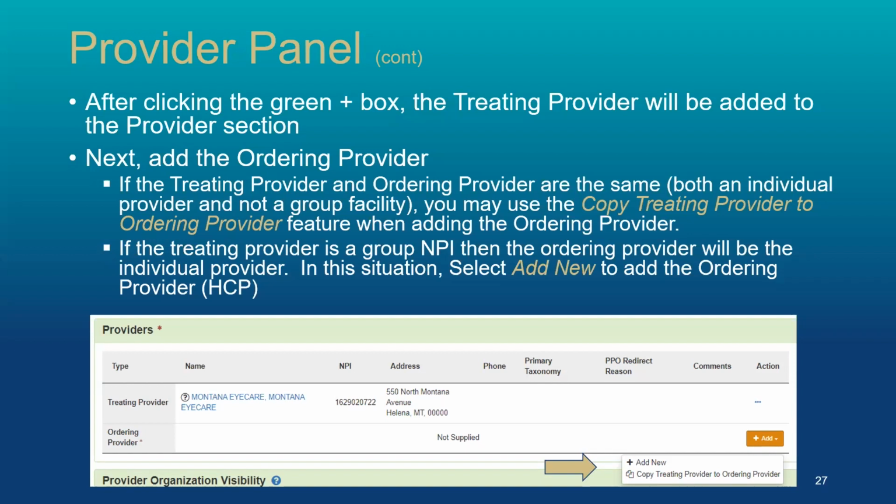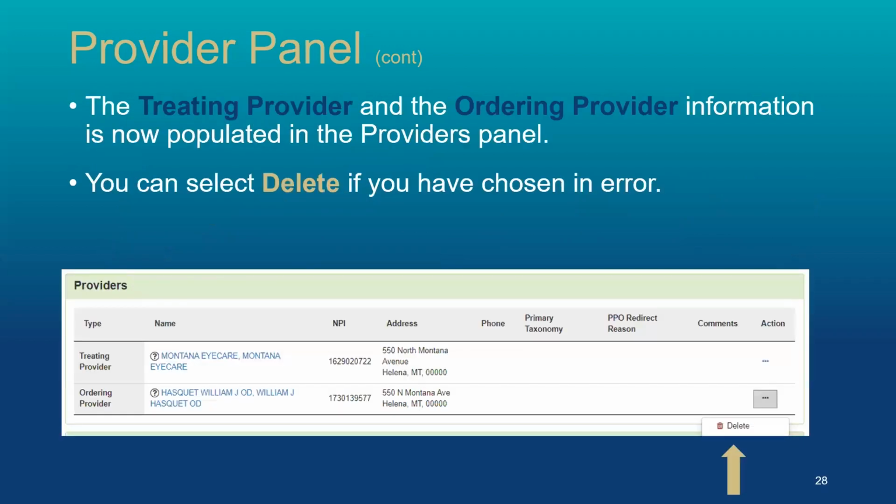And you can see on here that after you add the treating provider and you go to add the ordering provider, if it is the same one, you'll just click copy and it'll copy that information forward. If you do need to add a new one, then you would click add new, go through the same steps we just went through, and then it would attach the next one that you put on there.